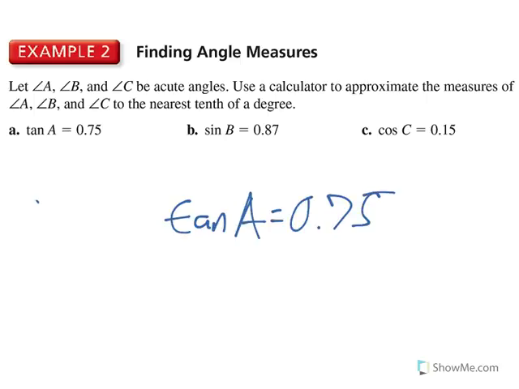Tangent of A is equal to 0.75. The way that I do this is I'm going to take the inverse tangent of both sides. Usually the inverse goes on the front.